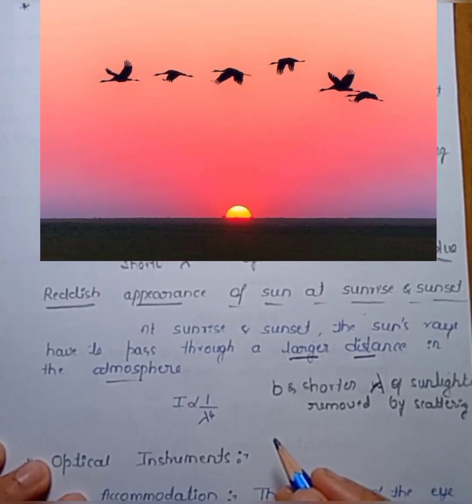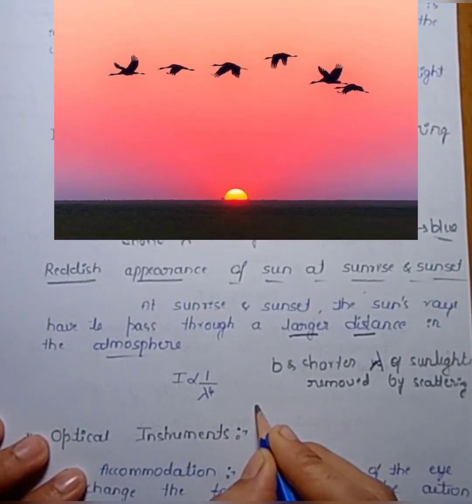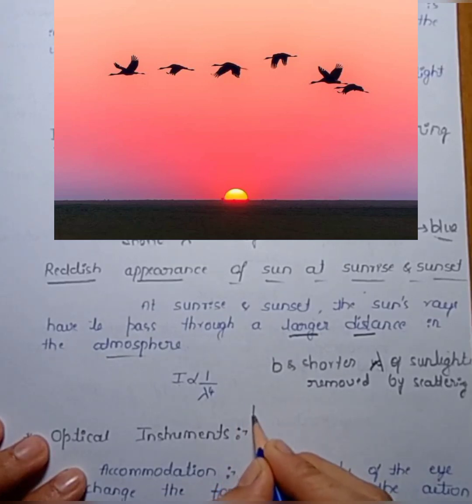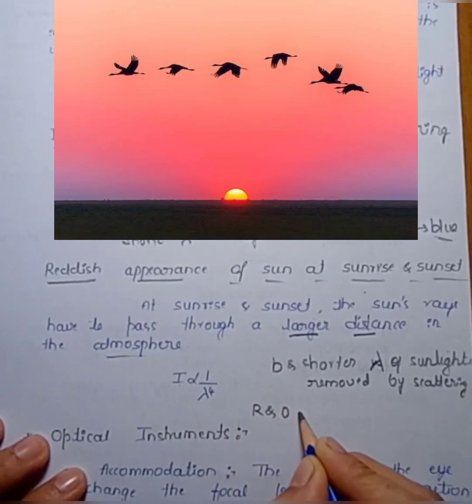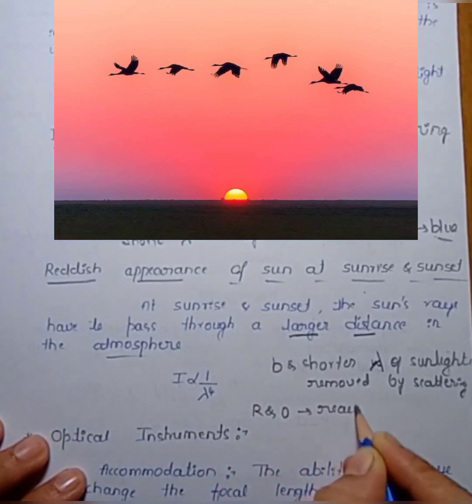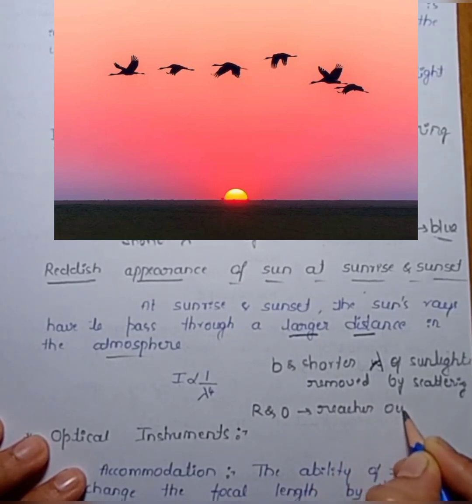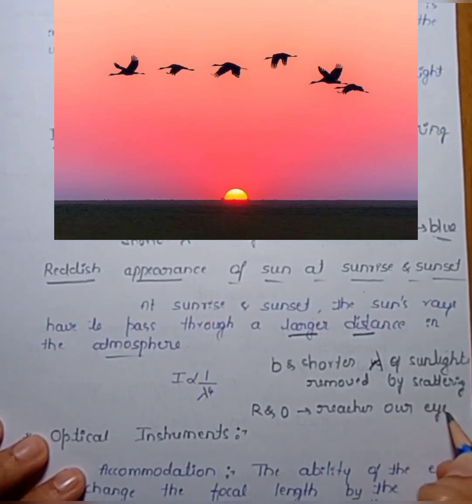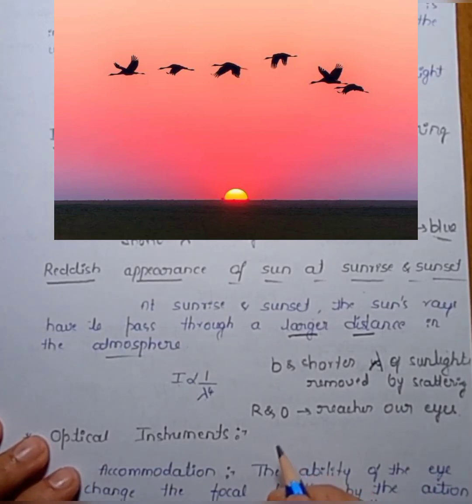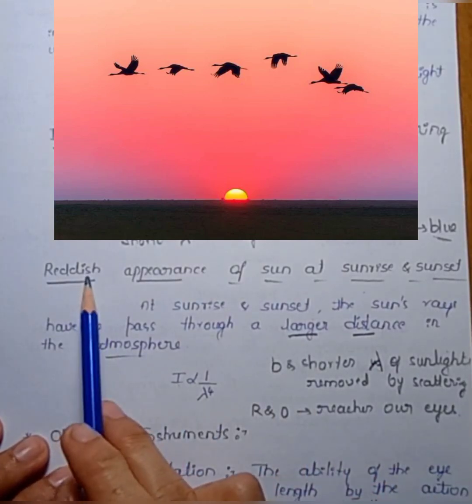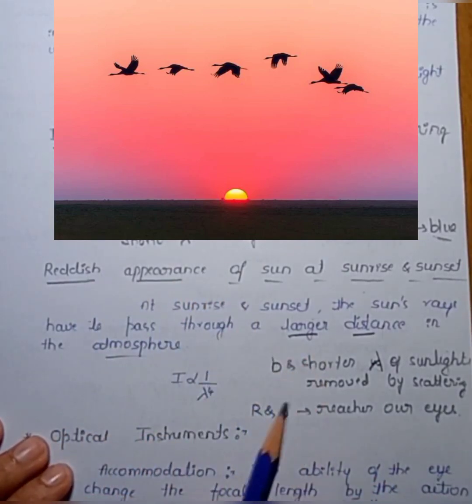The least scattered red and orange colors reach our eyes. Therefore, the sun looks reddish in color.